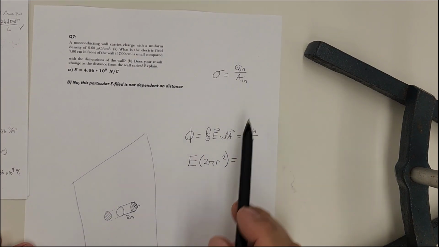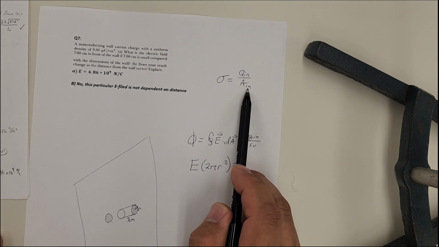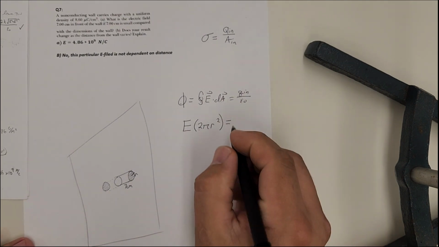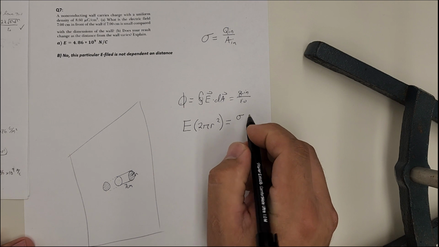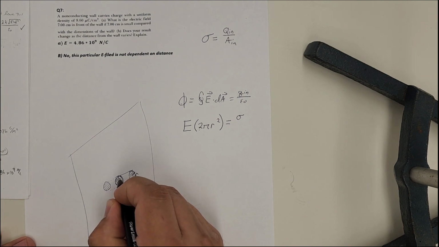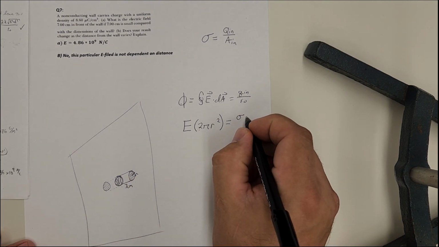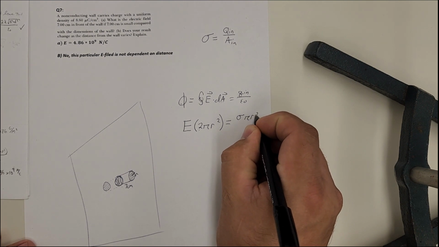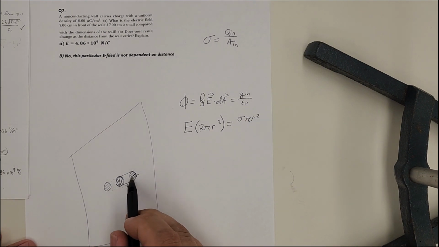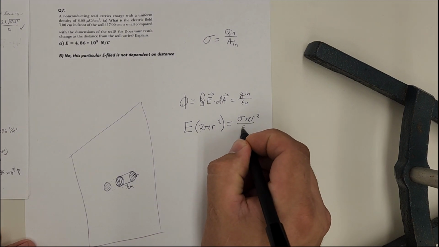So for Q enclosed, we're going to need sigma times that area that we enclosed. The area that we enclosed was this area. I'll do it in vertical lines. That's the area that we enclosed, so that's just pi r squared. R would remain the same across this entire cylinder, so that's just sigma pi r squared over epsilon naught.